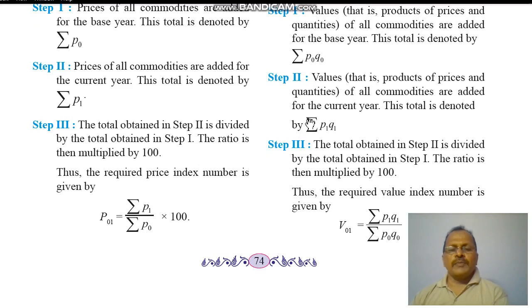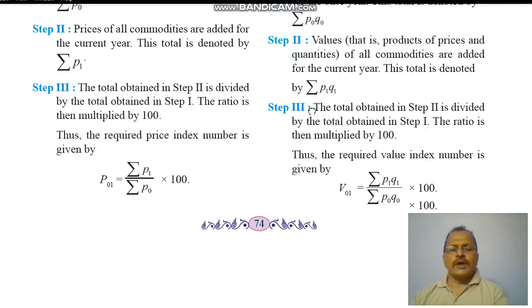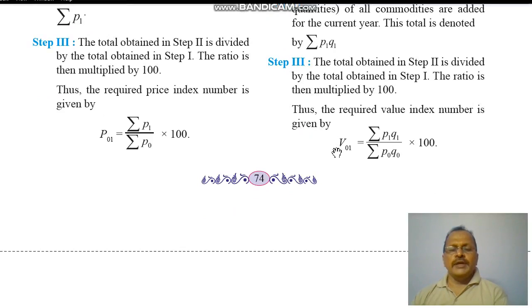It is found by taking the product of the price of the current year and the quantity of the current year and their addition. And the formula that gives you the value index number for the current year with respect to the base year is summation P1 Q1 upon summation P0 Q0 multiplied by 100.